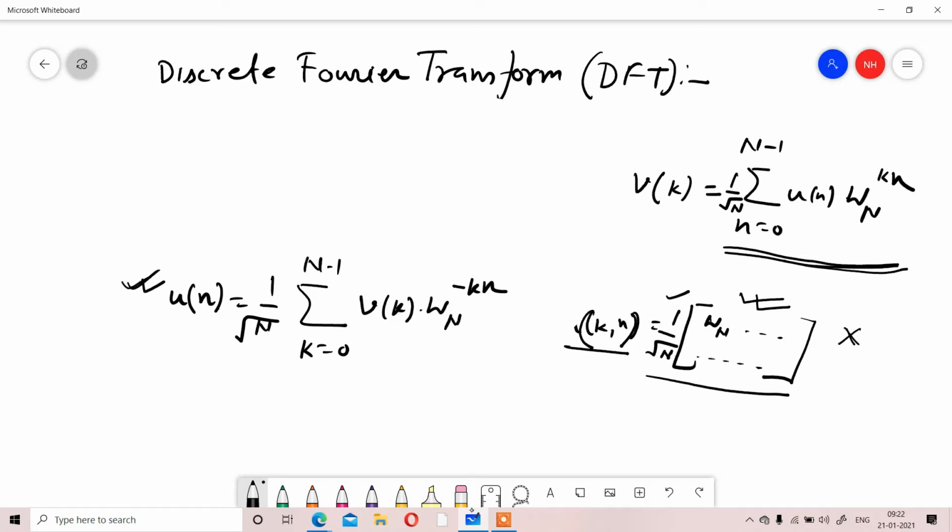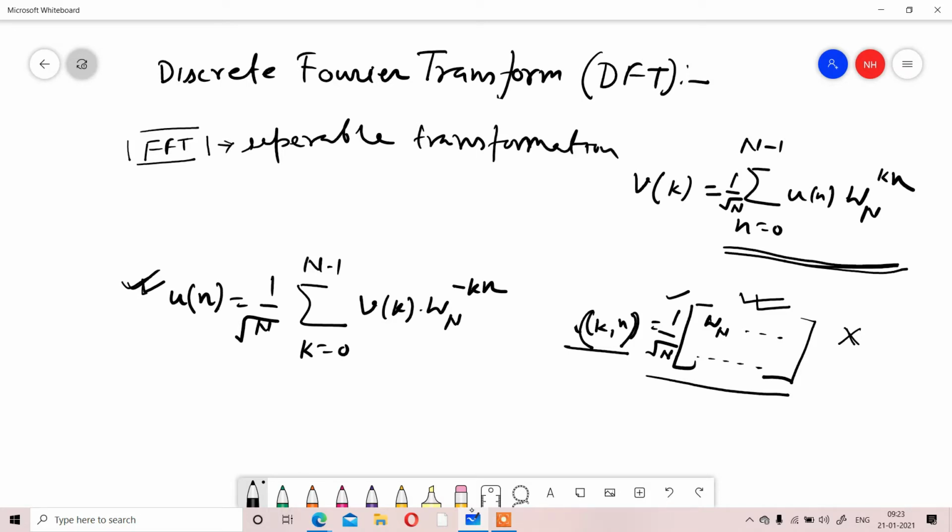The meaning is that whenever you do the discrete Fourier transform, obviously you will consider the FFT, because FFT is the fast Fourier transform where the separable transformation is used. I already told you in the last class that FFT uses the separable transformation process. So this is the fastest process to calculate the DFT.